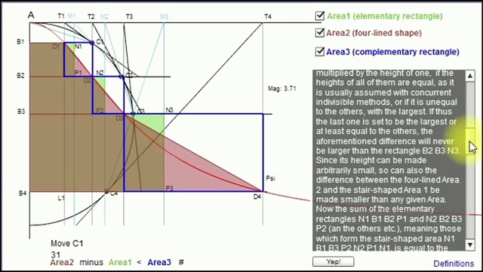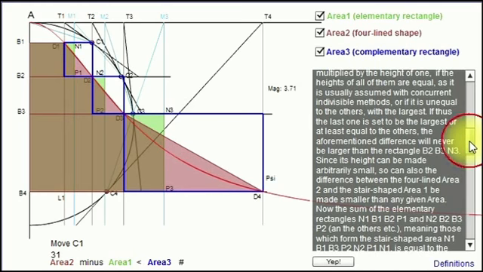Since its height can be made arbitrarily small, so can also the difference between the four-lined or the quadrilinear area 2 and the stair-shaped area 1 be made smaller than any given area.